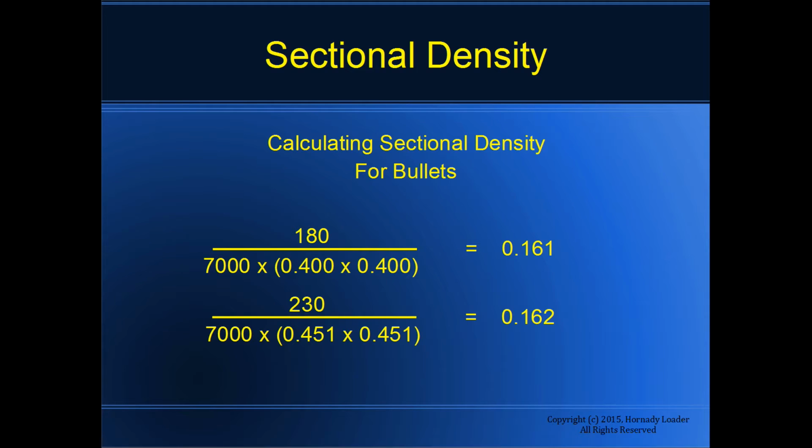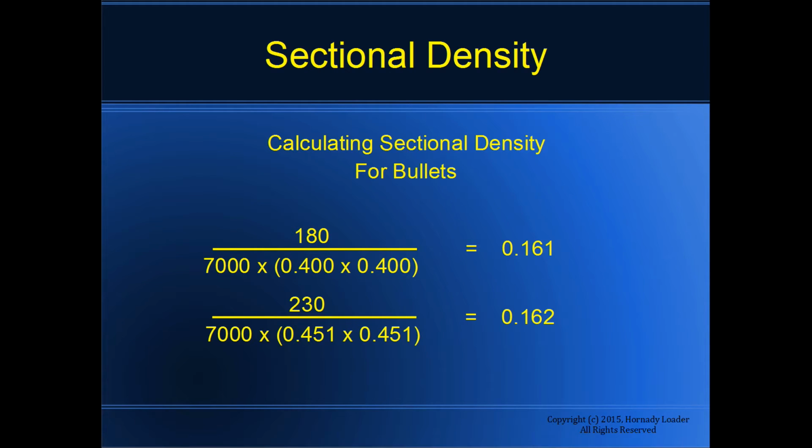And what this should illustrate to you is that the larger the diameter of a projectile, the more weight it has to have behind it in order to achieve the same penetration capabilities, or the same sectional density, as a smaller, lighter bullet. Okay, so this is one of the reasons why the 40 cal Smith & Wesson was so popular, was so touted when it first came out, that we can have the same penetration capabilities while at the same time reducing recoil.